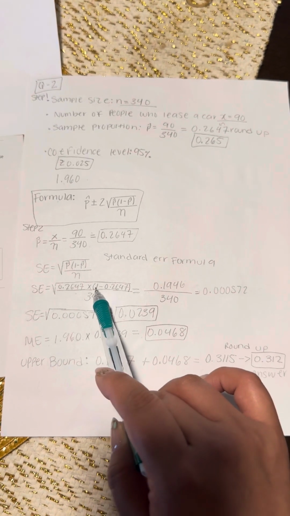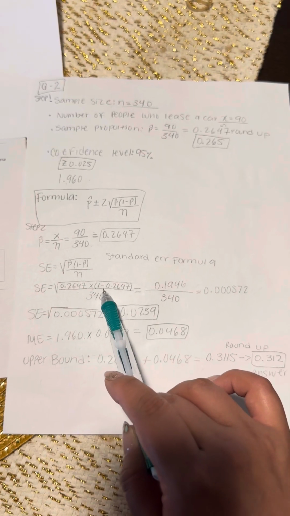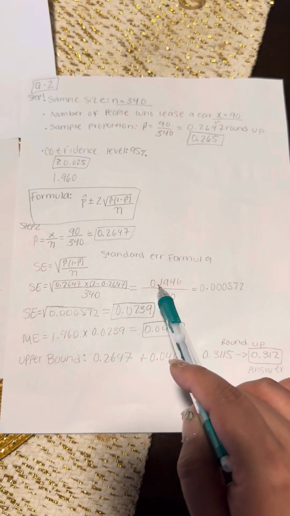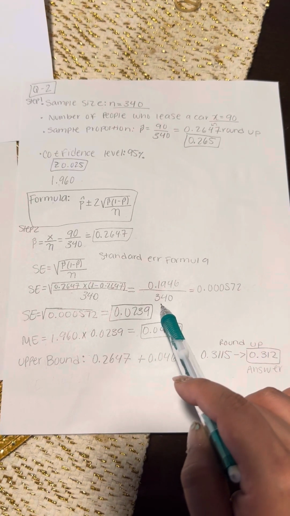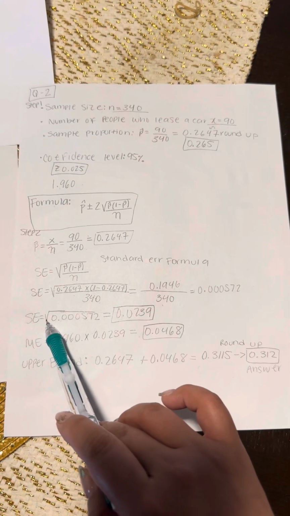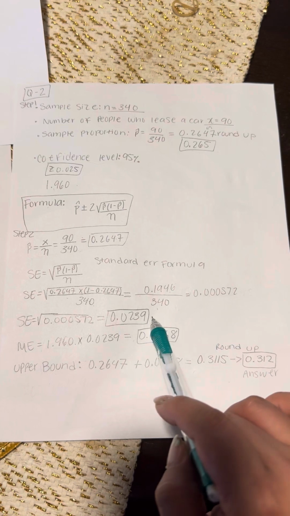You plug it here, then you multiply by the same, and then you subtract the same, and you still divide by 340, right? So it would equal 0.1946, and you still divide, so you get this, right? Then you find the square root of this, which is 0.0239.